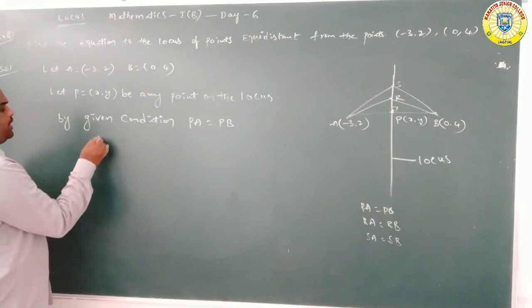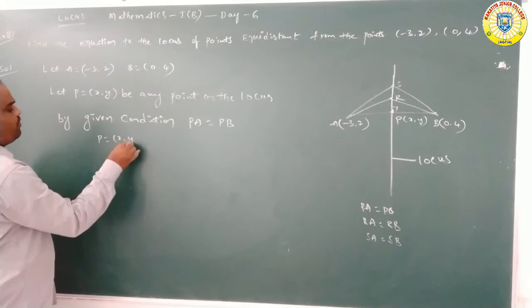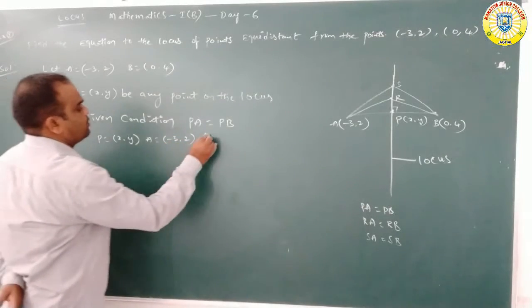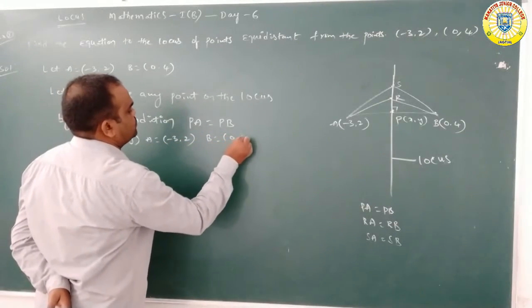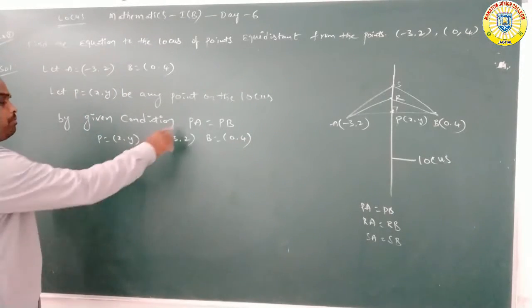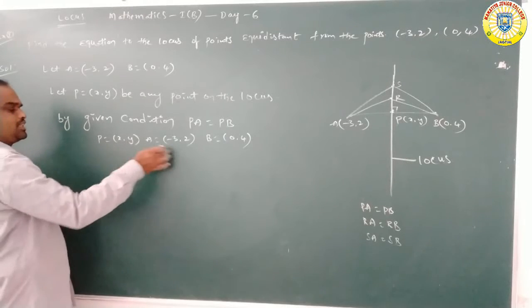So here P is equal to x comma y, A is equal to minus 3 comma 2, and B is equal to 0 comma 4. PA: the distance between the 2 points.